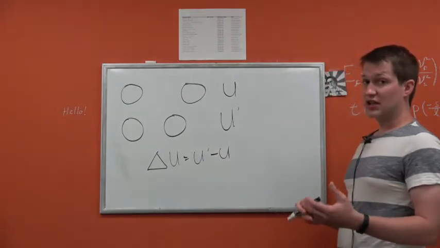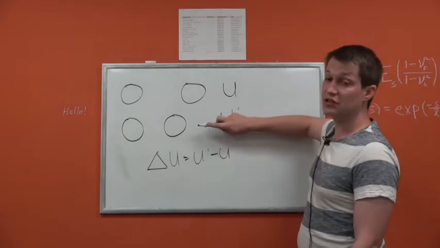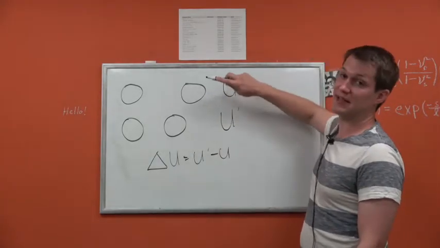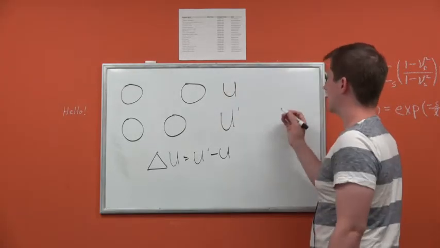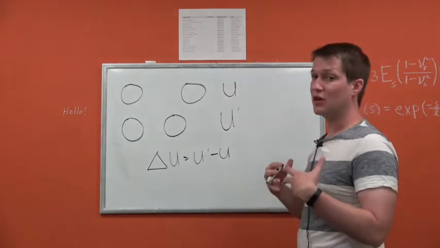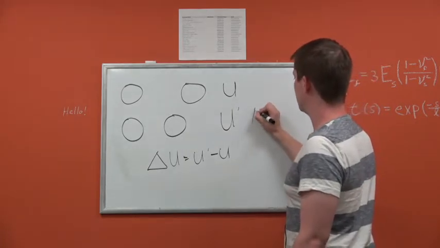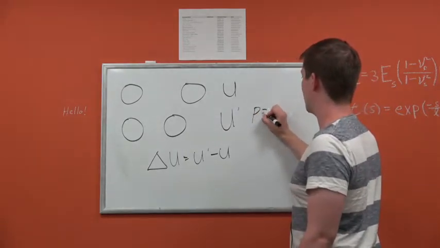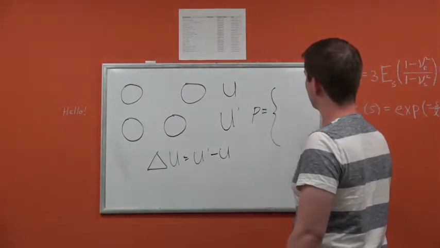So using that change in energy, we're going to use some sort of algorithm to decide whether we want to keep this change that we made or keep the system in the state that it was already in whenever we started out. All right, so what we use is something called the Metropolis algorithm. So basically what that says is the probability, P, that you make the change, we have two different conditions.